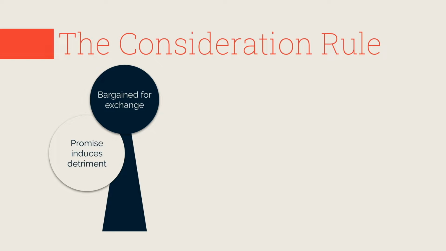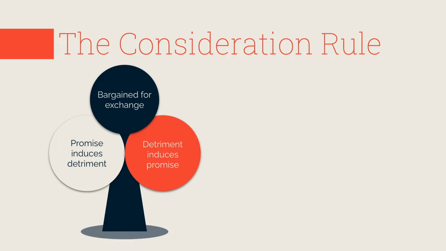And we said that consideration has two primary parts. First, it's a bargain for exchange in which the promisor's promise must induce a detriment from the promisee. The promisee's detriment must be what induced or motivated the promisor to make her promise in the first place, such that each party is bargaining for what the other is providing, either the promise or the performance.